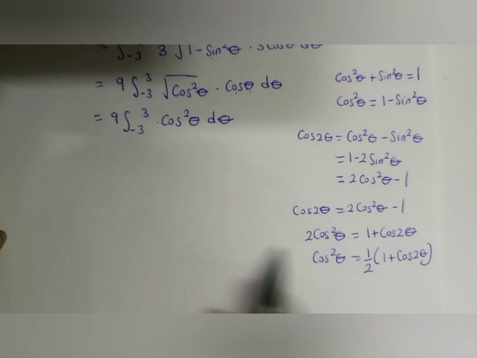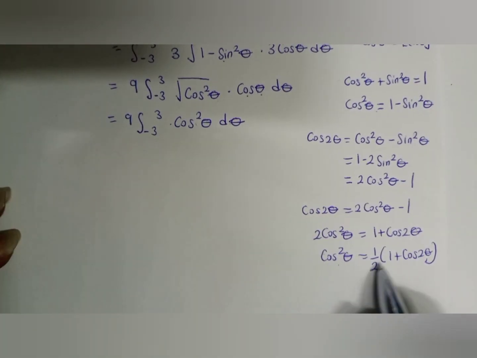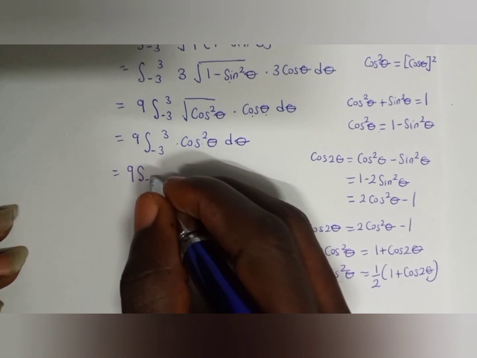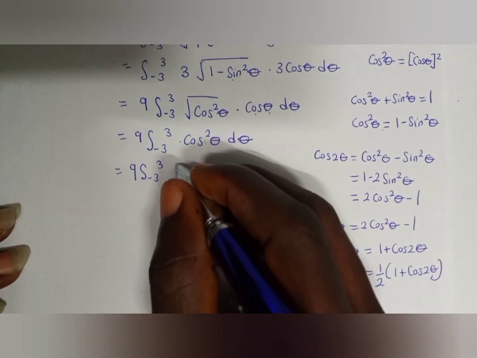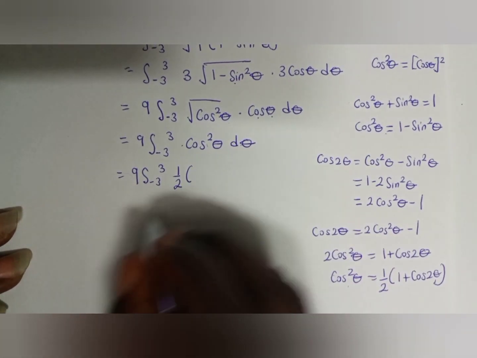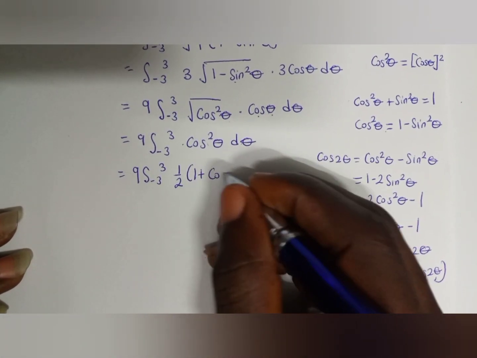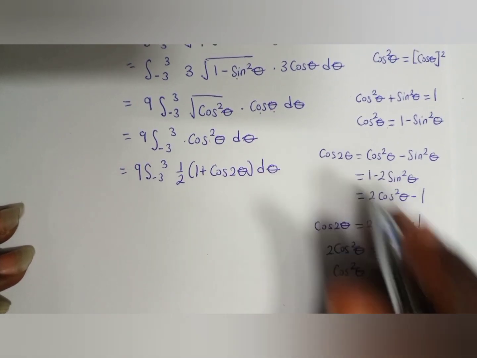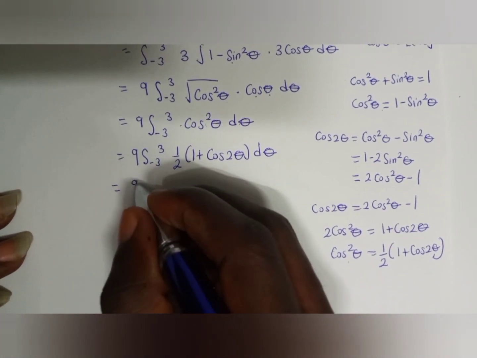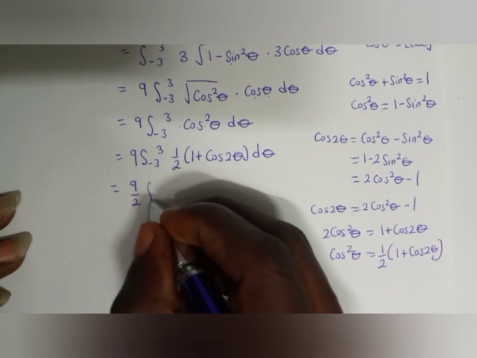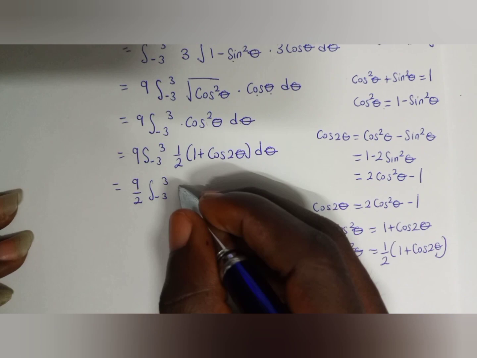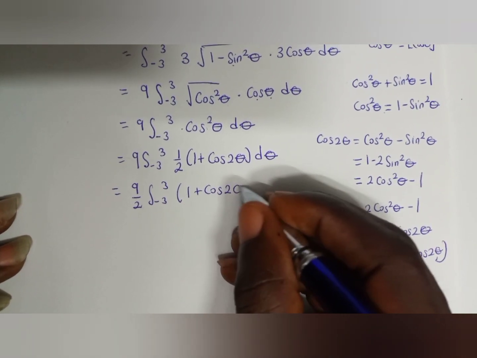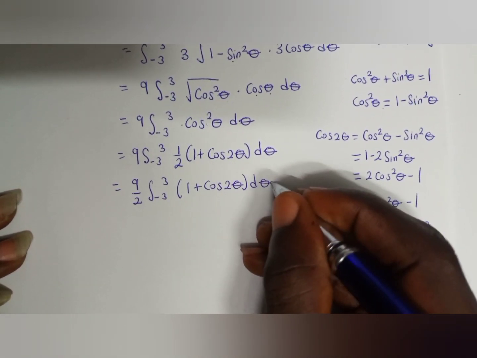Okay, so in place of cos squared theta, we can write this as 9 times the integral of negative 3 to 3 of half into bracket 1 plus cos 2 theta d theta, which is also equal to 9 out of 2 times the integral of negative 3 to 3 of 1 plus cos 2 theta d theta.